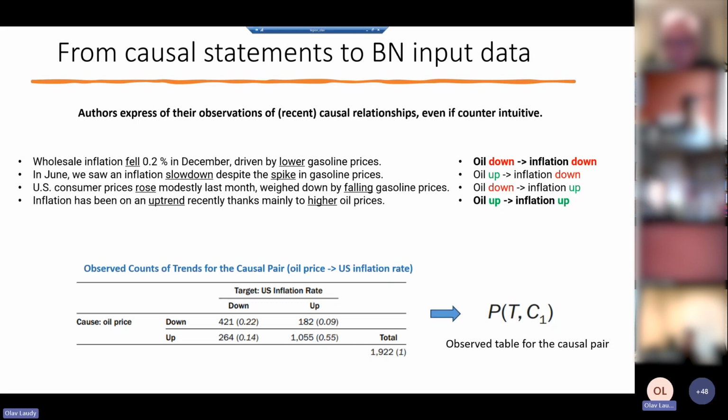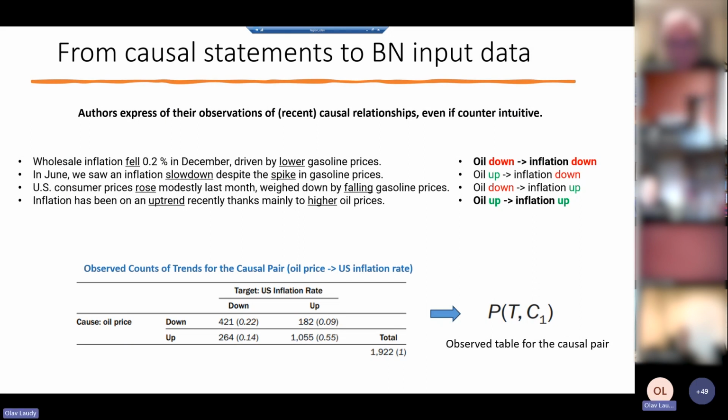However, we see authors also explain negative relations where we expect the reverse. And typically they use the word despite to express their surprise about this apparent contradiction. For example, in the second sentence, we see an inflation slowdown despite the spike in gasoline prices. So the oil went up, and at the same time, they saw the inflation coming down.